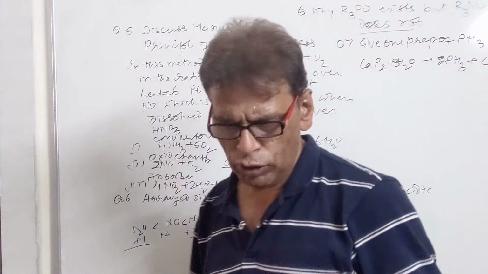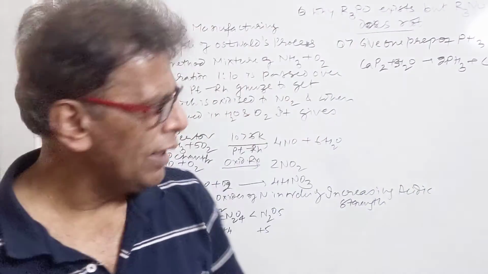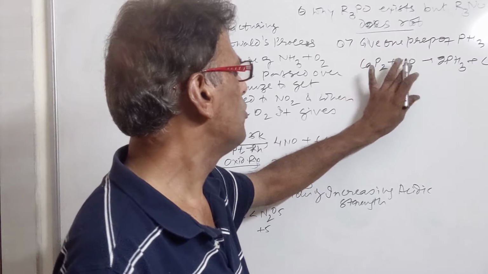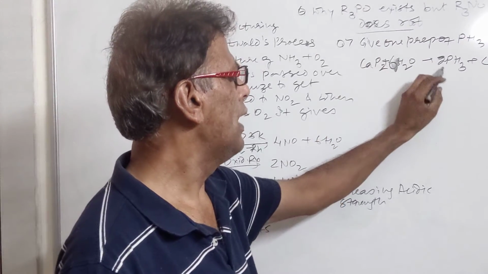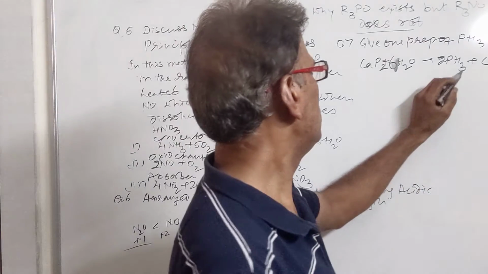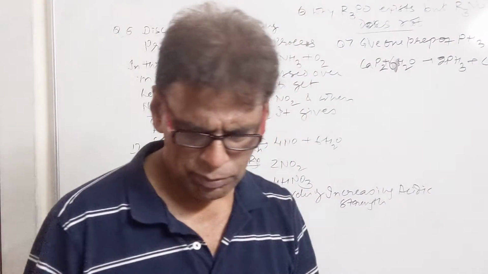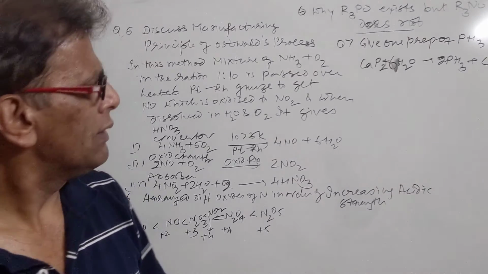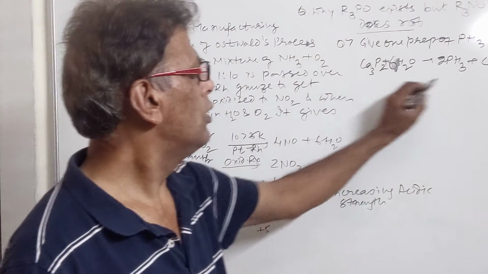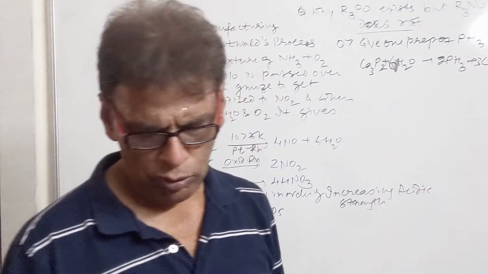So calcium phosphide when hydrolyzed with water will take 6 water molecules. You will get 2PH3 plus calcium hydroxide. So this is the hydrolysis reaction, Ca3P2, you will get 3Ca(OH)2 here.